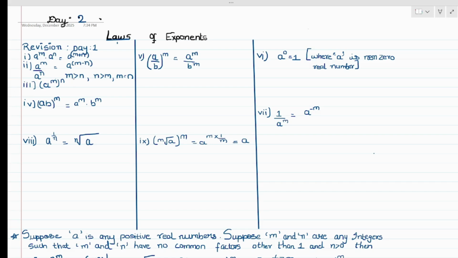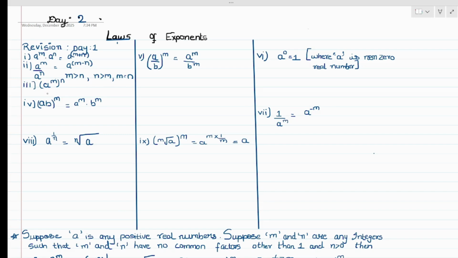If m is greater than n, I get a positive answer. Whereas if n is greater than m, my answer will be in negative format. And in case 3, where m equals n, my answer will always be 1.